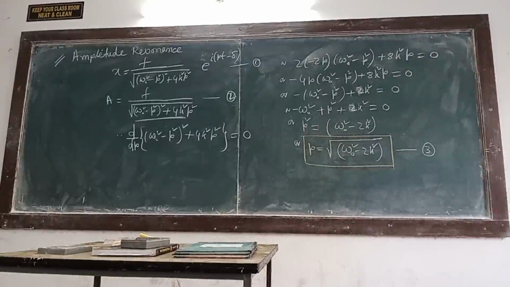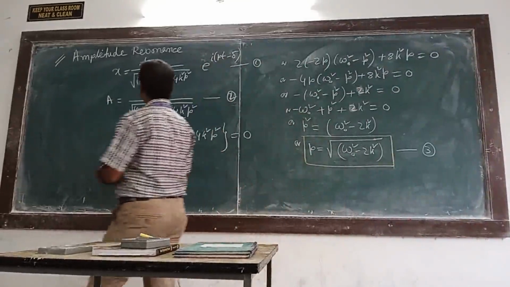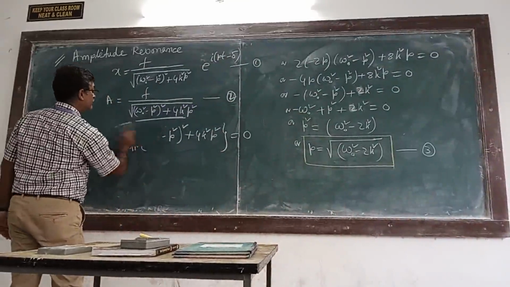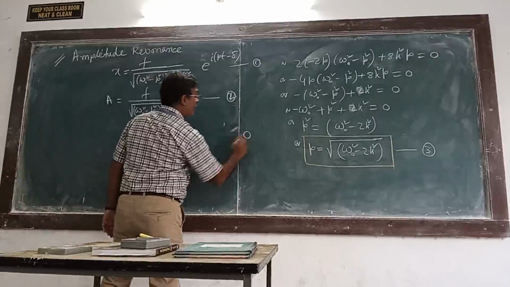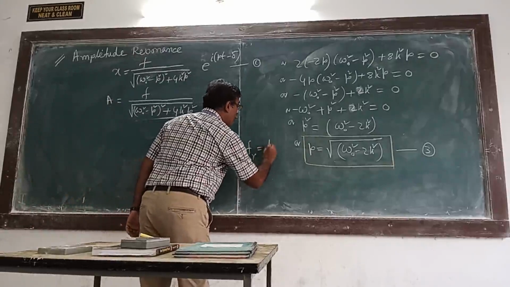Hence, the cyclic resonant frequency is given by f_R equals P by 2 pi.